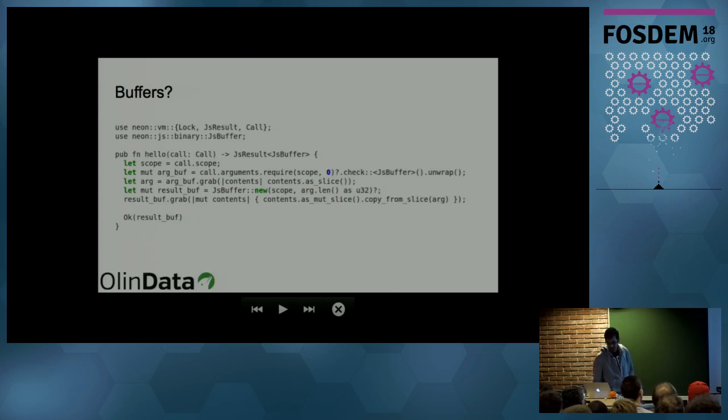Buffers, this is something about them. So, like I said, it would be faster to use buffers rather than strings. Here's a small example of buffers. Does this work? Oh, great.